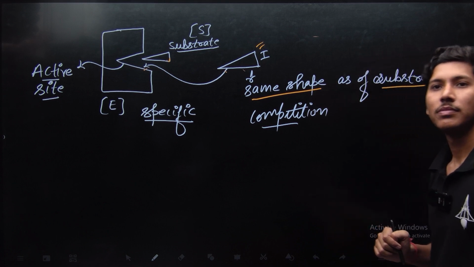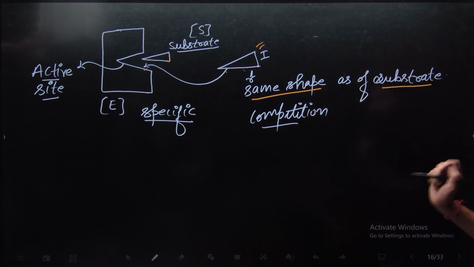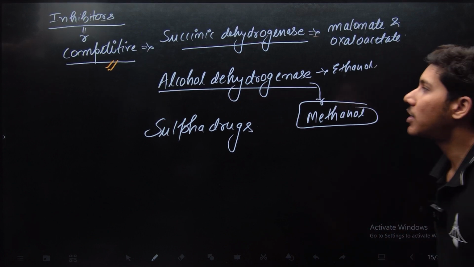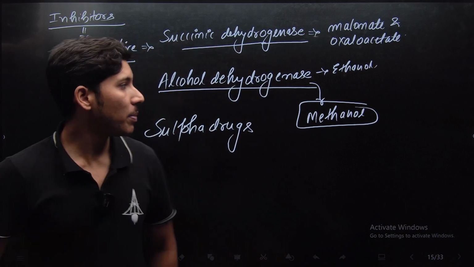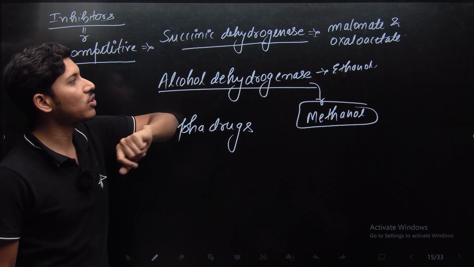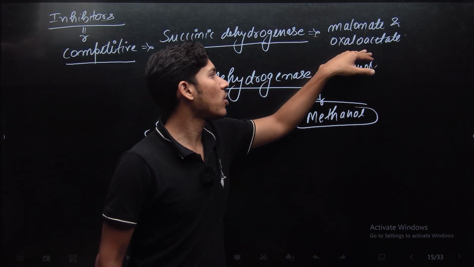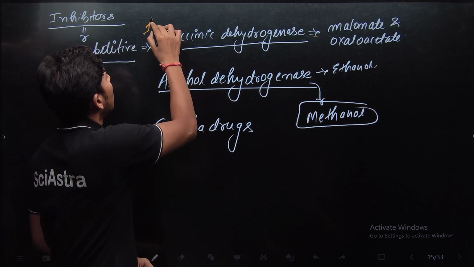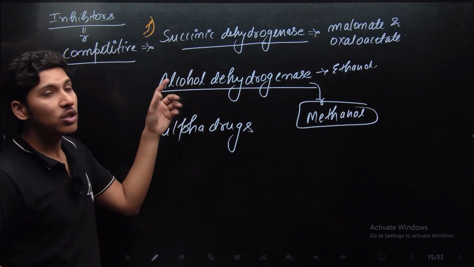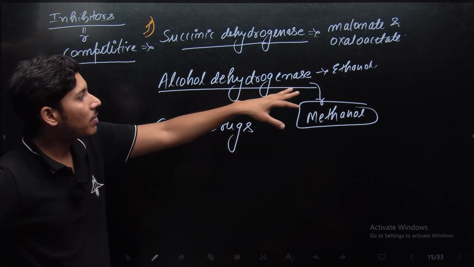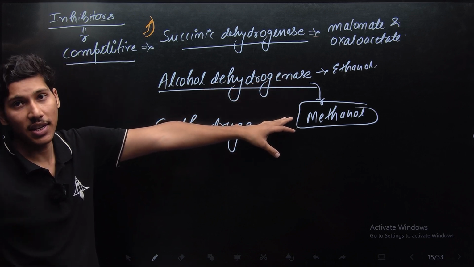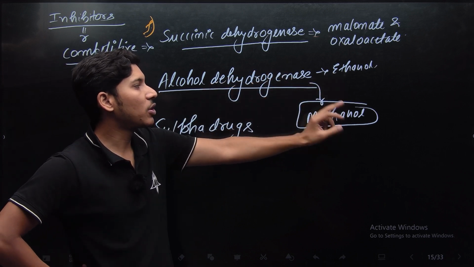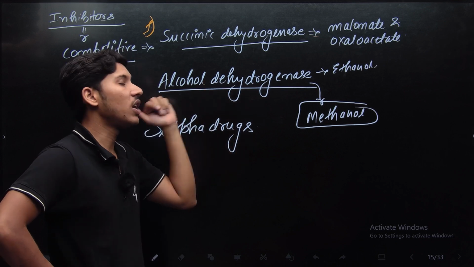Clear? Now, the examples of competitive inhibitors are inhibition of succinic dehydrogenase by malonate and oxaloacetate. This is one very important example. There is also another example, methanol poisoning. Ethanol and methanol are produced by alcohol dehydrogenase.